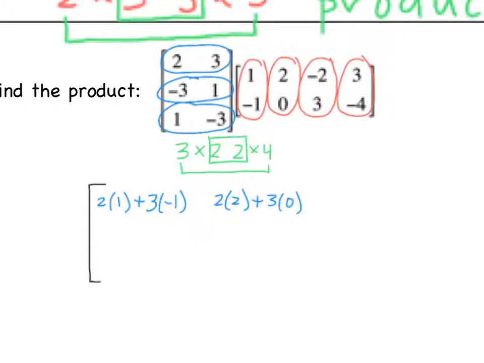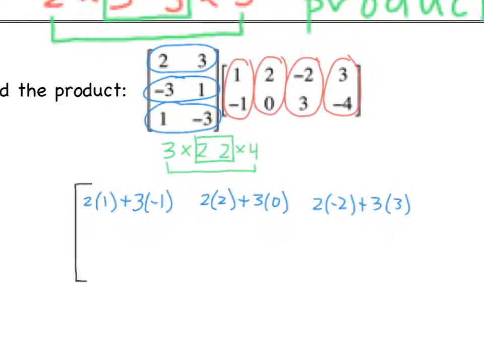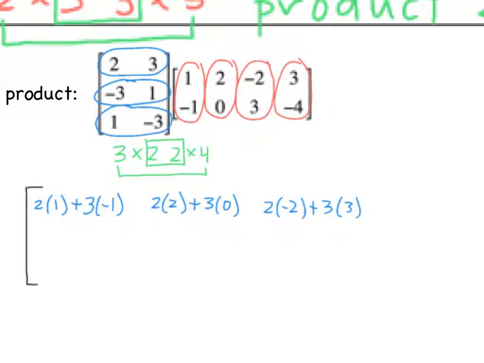This can be tedious, but bear with me. 2 times negative 2, plus 3 times 3. And finally, row 1 times column 4. Same idea: 2 times 3, plus 3 times negative 4. We'll clean this up, but now we've taken care of that first row.